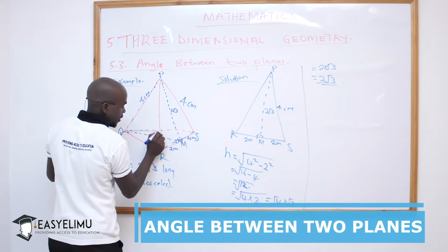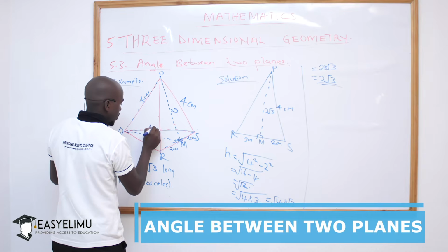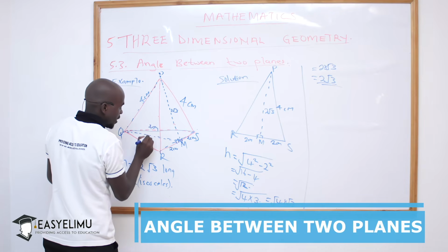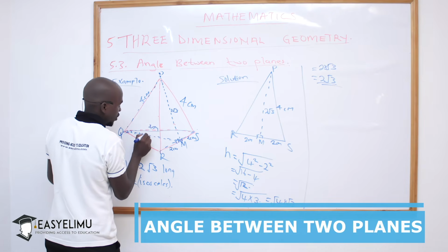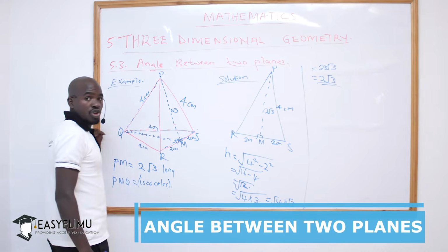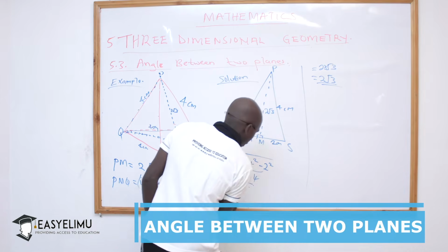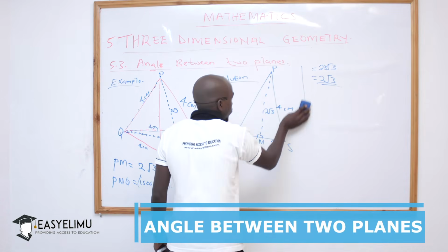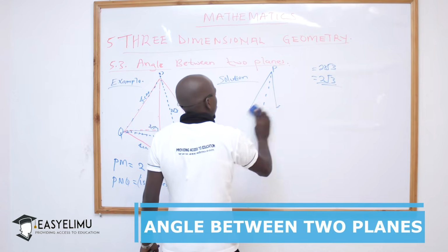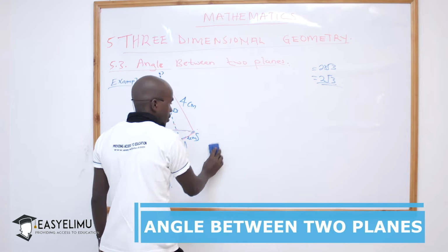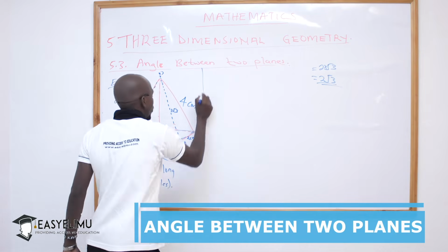We know this one is 4 centimeters, and the other one is also 4 centimeters, but here we don't know. QM we don't have, so we need to find QM.